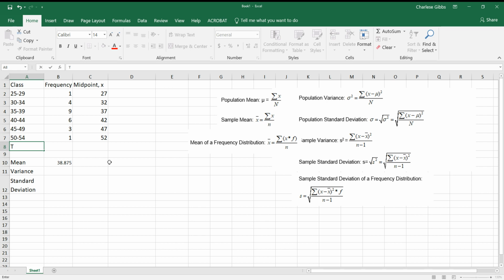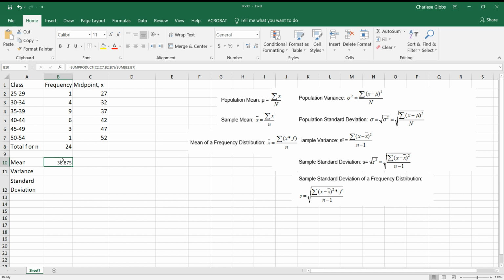If you wanted to find the total frequency, or N, yourself, you could sum your frequencies, and this will give you N as well. So instead of doing it part by part, you could have found the total frequency and divided by that number.